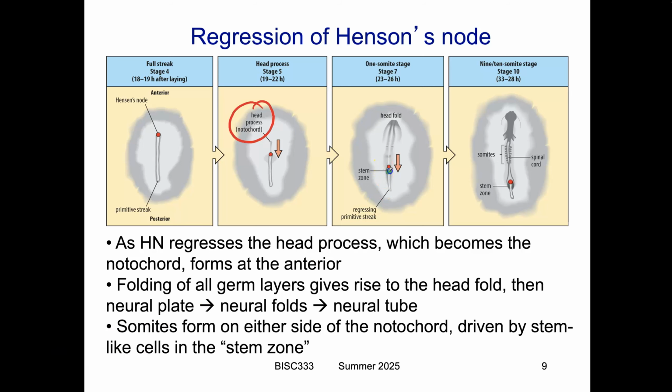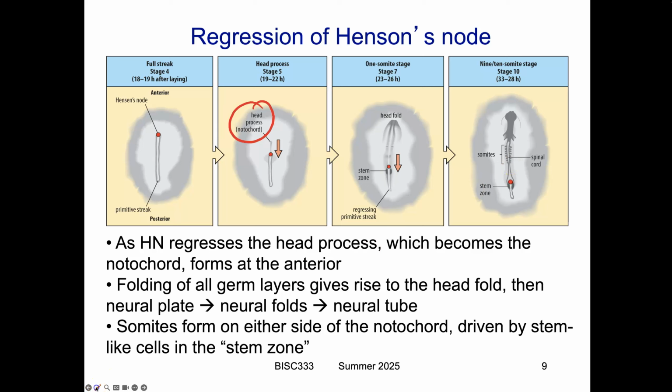But in this case, we're talking about gene expression. The way they're referred to and the way we talk about them, it sounds like they're physical structures, but it really is waves of gene expression that start at one end and move towards the posterior, and then there's other signals that tell the somites in one region, okay, you're the most anterior ones, and these guys are the more posterior ones.